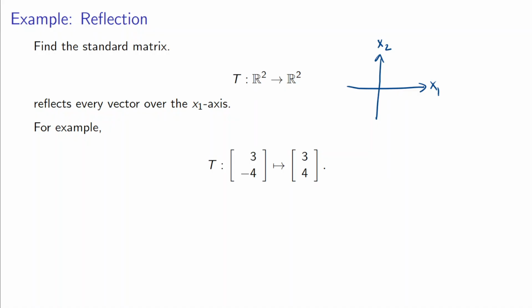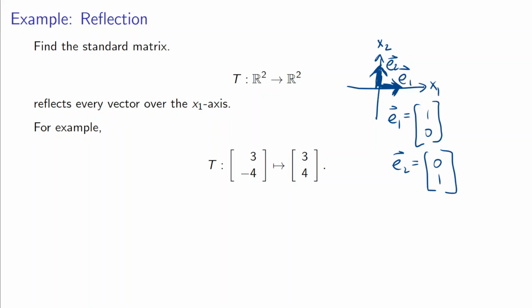So if we were to think about where E1 goes, E1 geometrically in R2 is going to look like that, and E2 geometrically looks like that. Right? E1 is 1, 0, E2 is 0, 1.